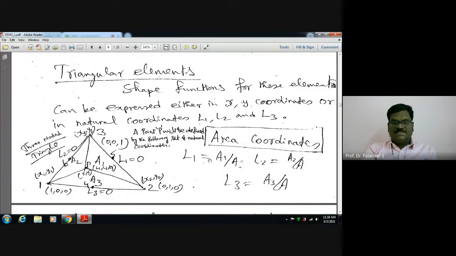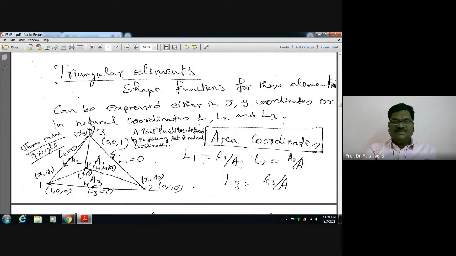L1 I am defining as A1 by A, where A1 is the area of this subtriangle and A is the total area of the triangle. A1 is the subtriangle subtended by the chosen point P with the vertices. And L2 equals A2 by A, L3 equals A3 by A.